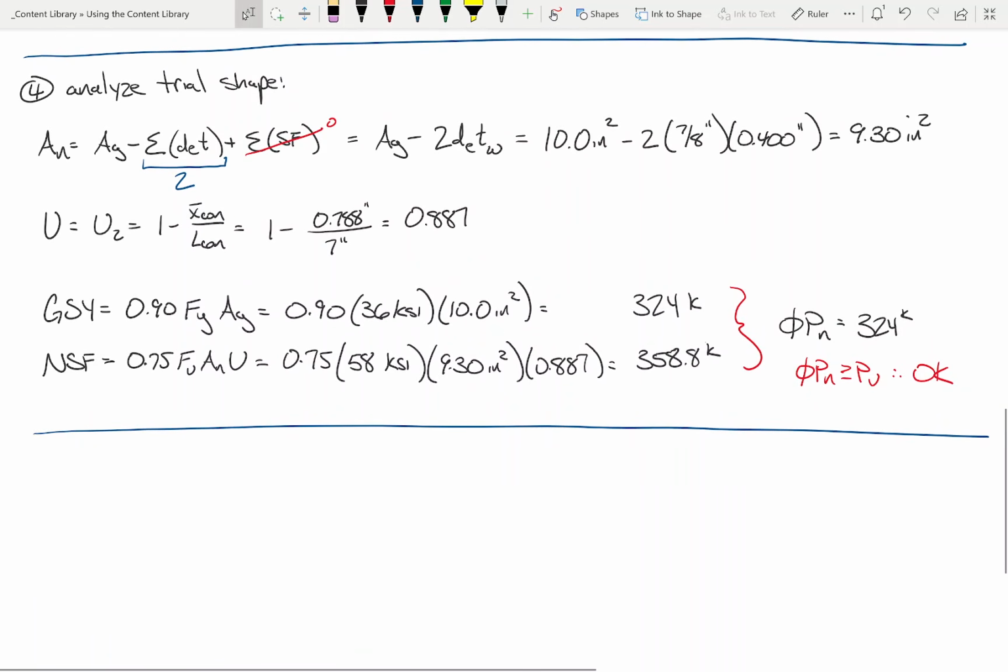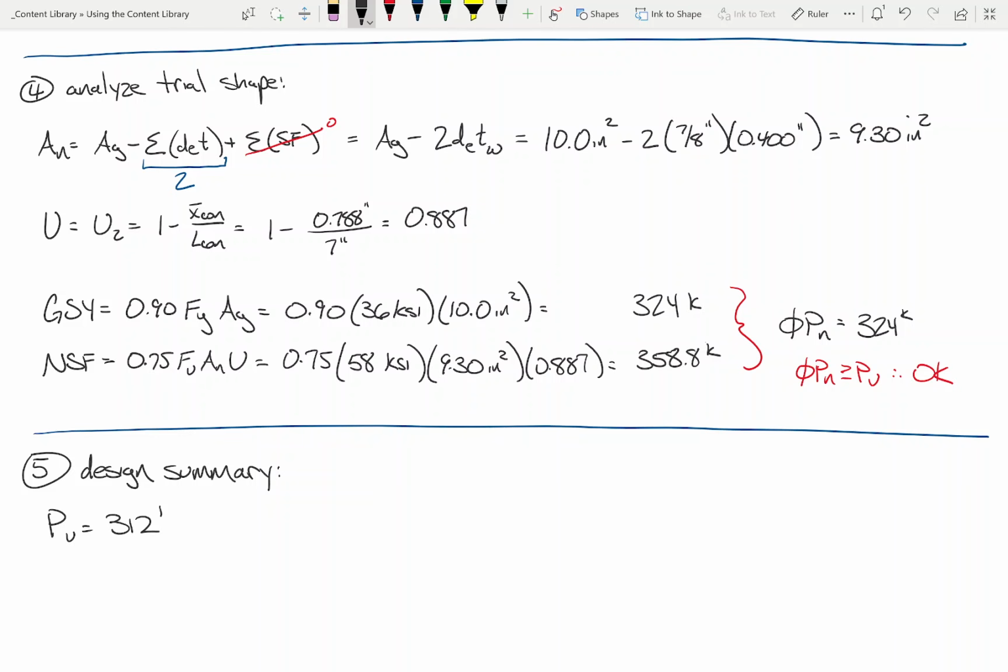So let's do a quick summary. It'll work, but how well will it work? Well, let's see. How do we evaluate how well this works?